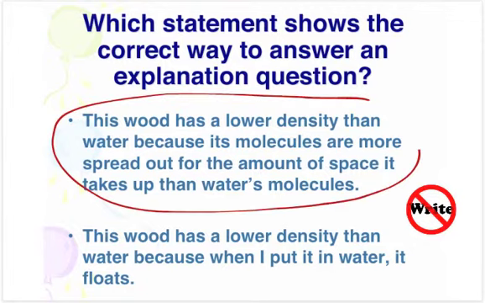Right, this first one. Okay, now notice that you might not have known the explanation if you don't know a whole lot about density. So in some cases, to be able to explain something, you're going to have to know what's behind the scenes. You may even have to do a little bit of research.